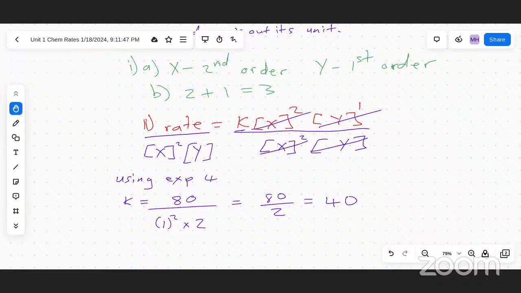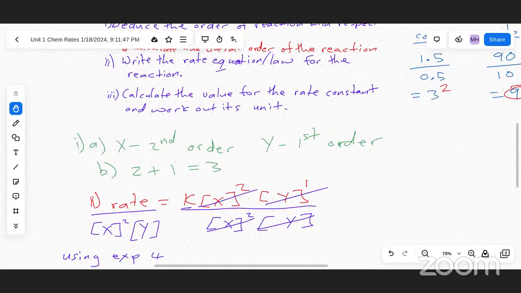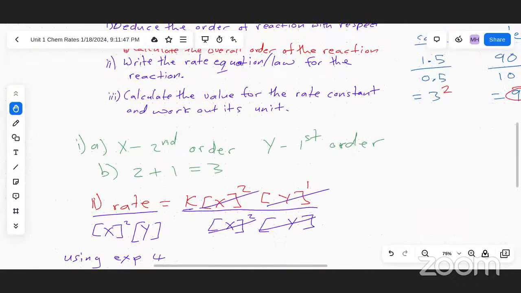All right, so the timer is up. What did you get for your answer before I work it out? Do you want to share the answer?